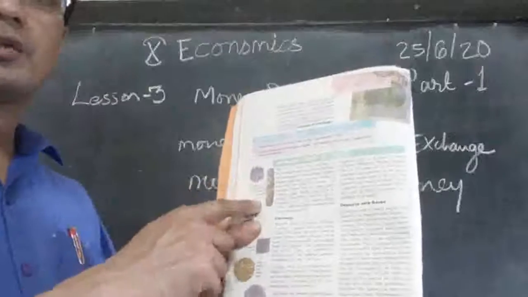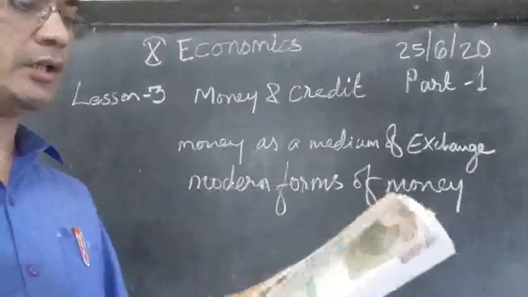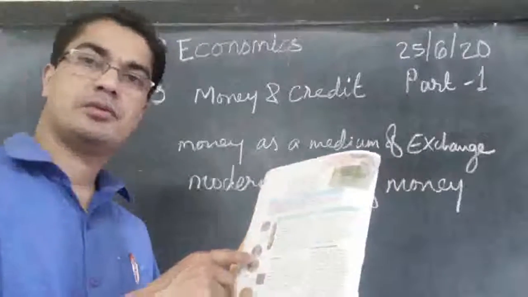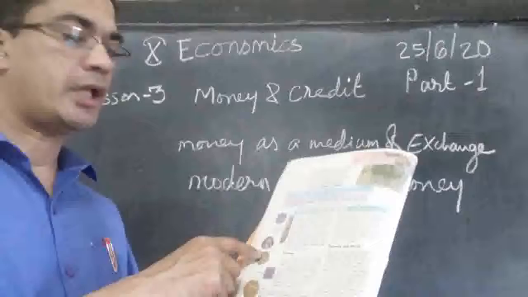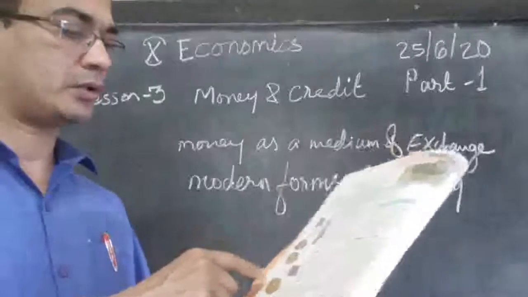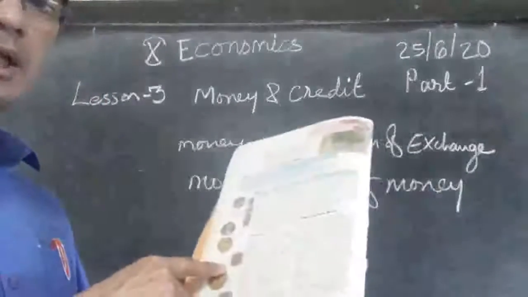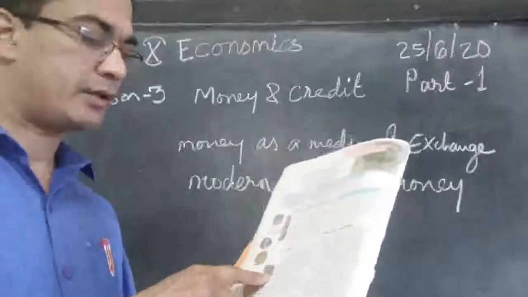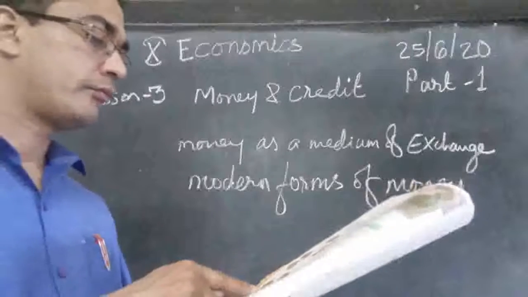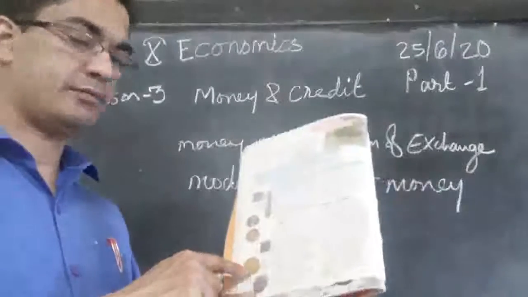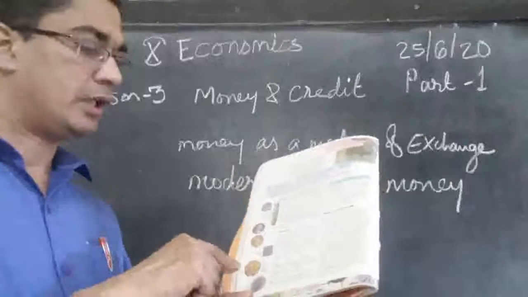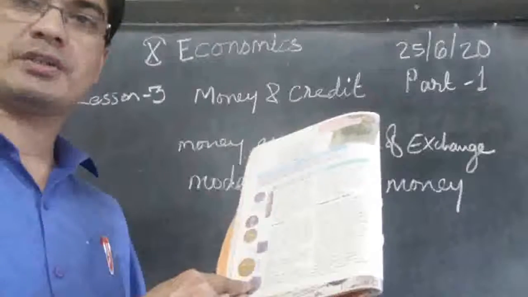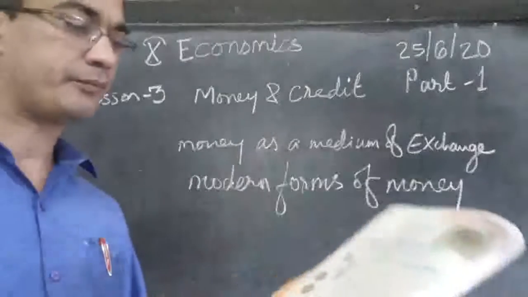Then Gupta coins, when the Guptas were ruling India, they introduced this type of coins. Then the Tughlaq coin, when another ruler, Tughlaq, was ruling, he introduced this coin. Then the gold mohur from Akbar's reign, when Akbar was ruling India, he introduced this coin. So you can see different types and shapes of coins.